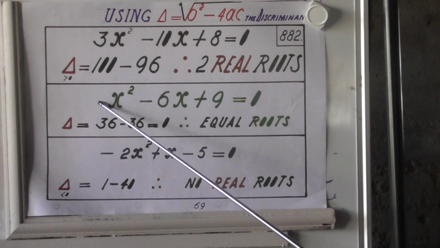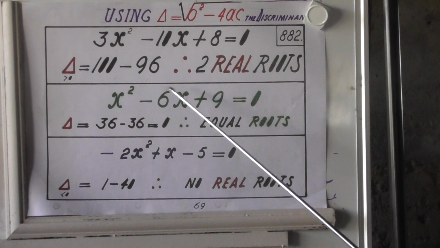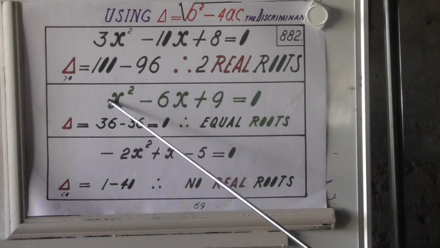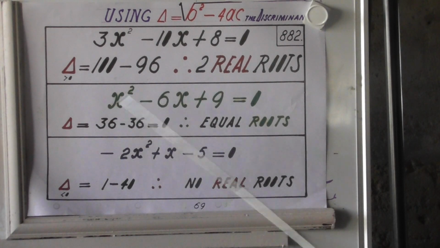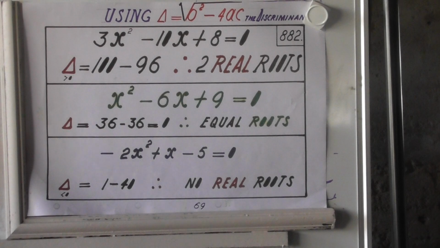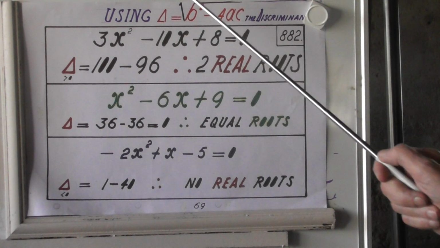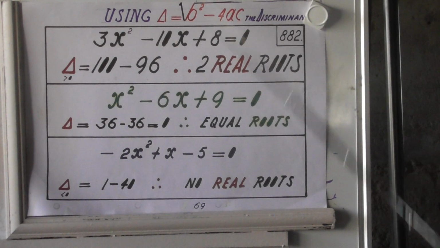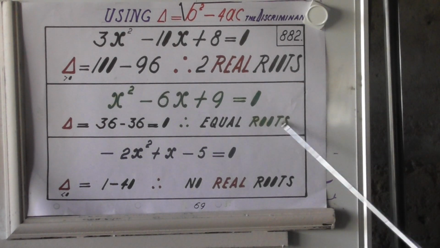A is 1, C that's 9, but it is 4ac, so there's 4 9s is 36. So this whole thing is naught. So the answer is negative b positive naught and negative b negative naught. So there are two equal answers.